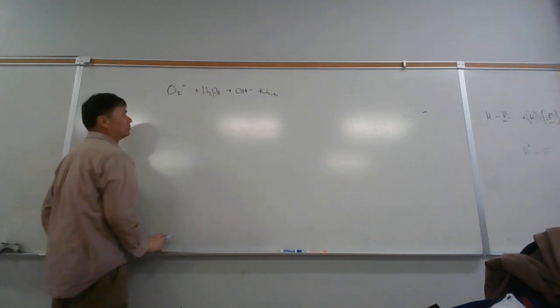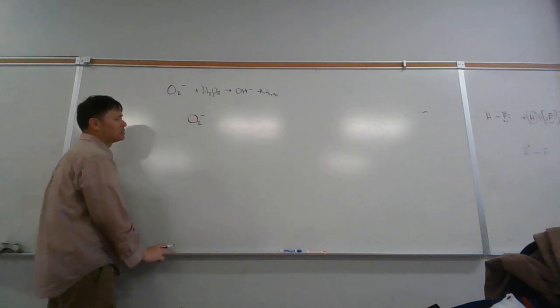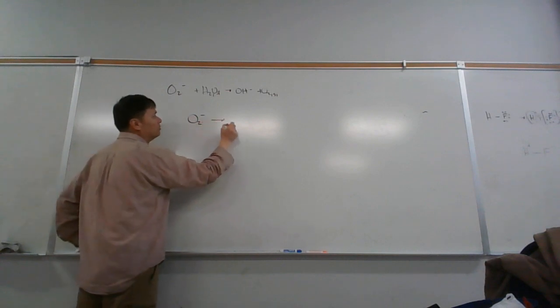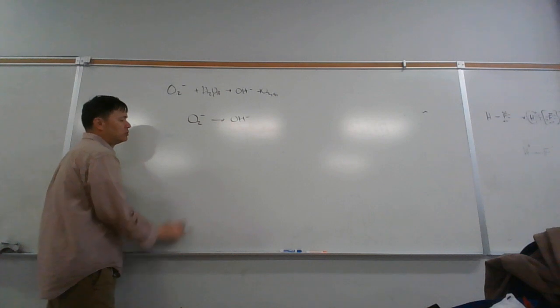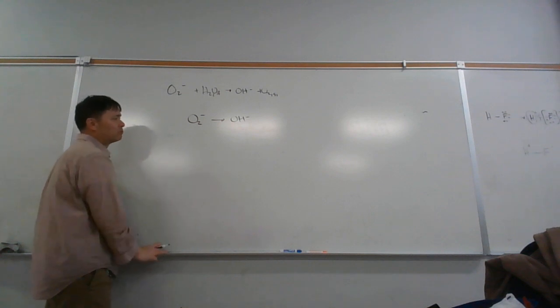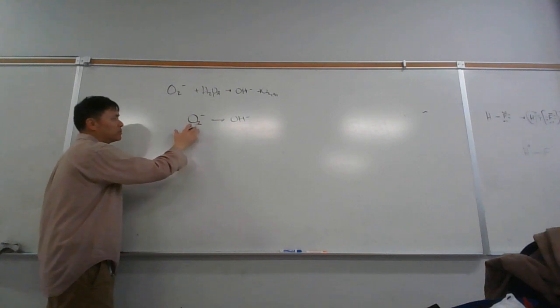But you have to be careful because of disproportionation reactions. Disproportionation reactions, the same species can form two different products, or two different reactants can form the same product. And so this, to me, is looking like a disproportionation.